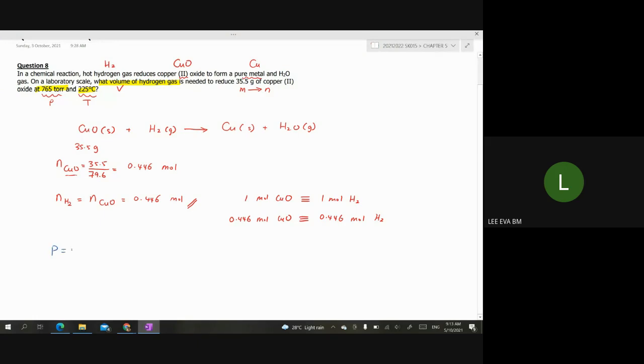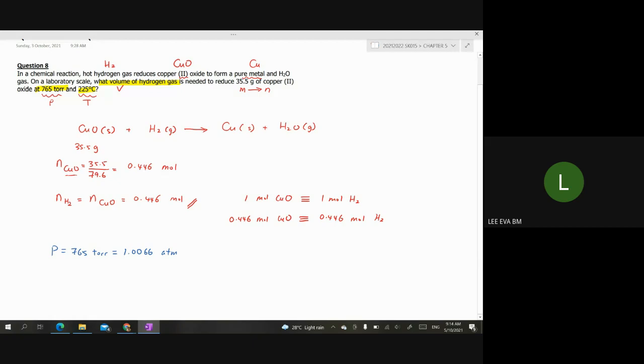So pressure kalau 765 torr sama dengan berapa ATM? Ingat tak boleh round off. So what is the value? It must be different from 1 ATM. 1.0067, 1.0066, 1.007, both are okay.